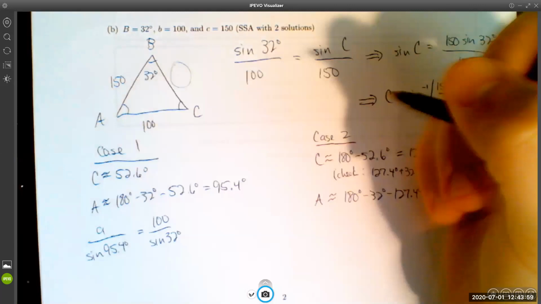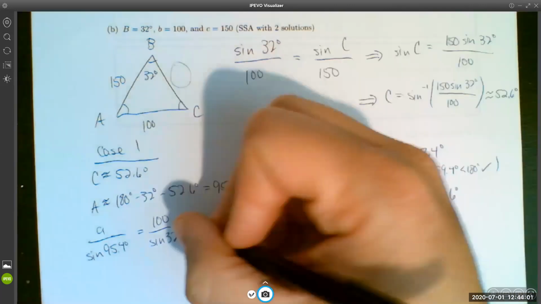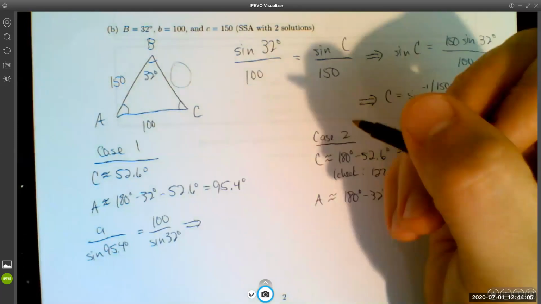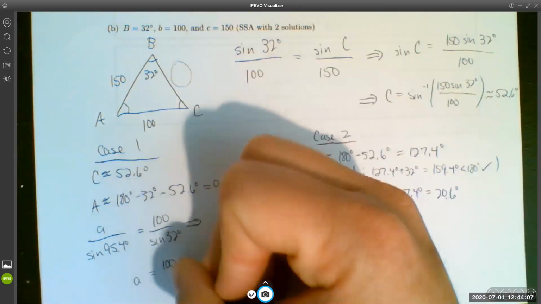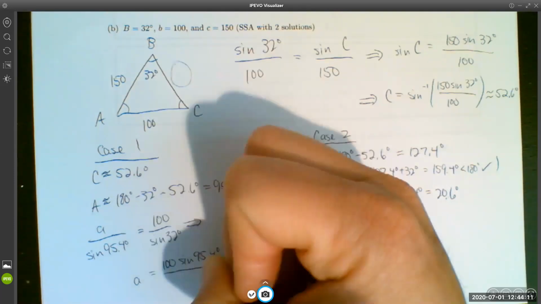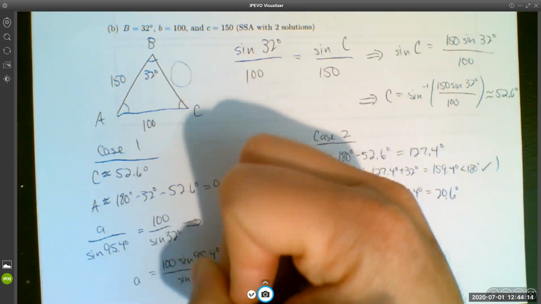And that would imply that A is equal to 100 sine 95.4 degrees over sine of 32 degrees. Let's see how much that is.